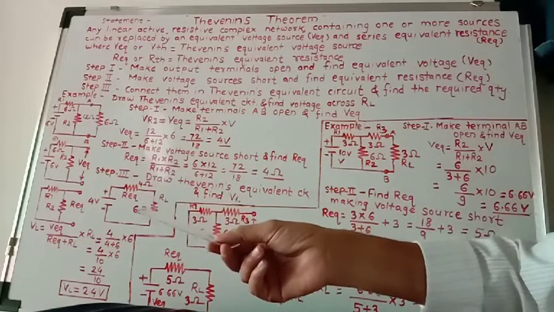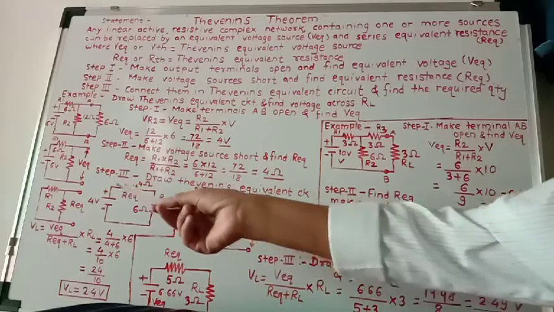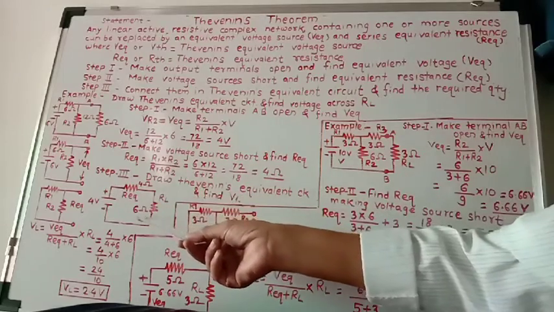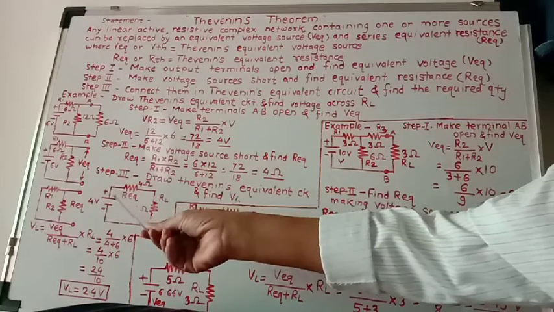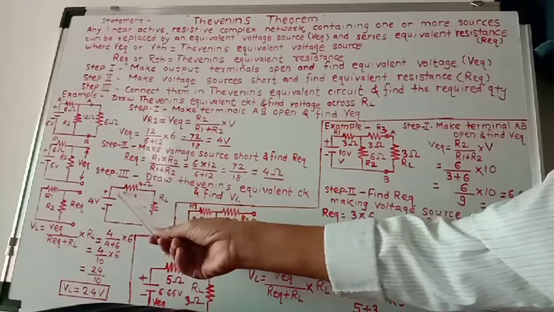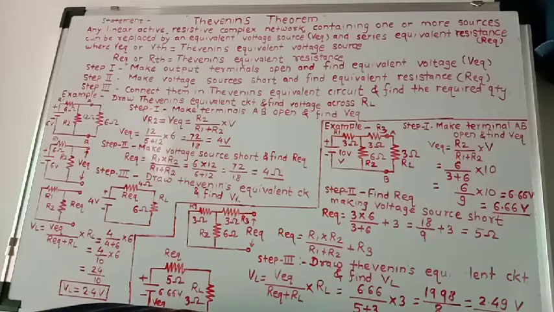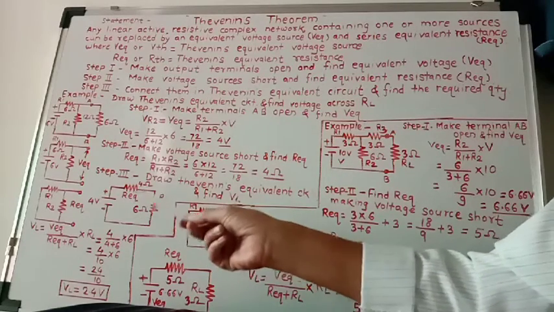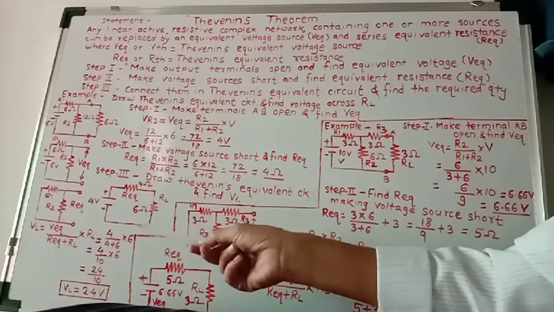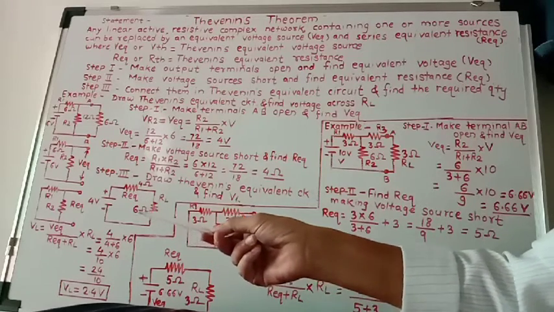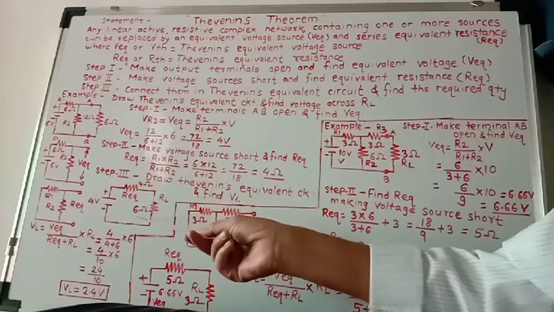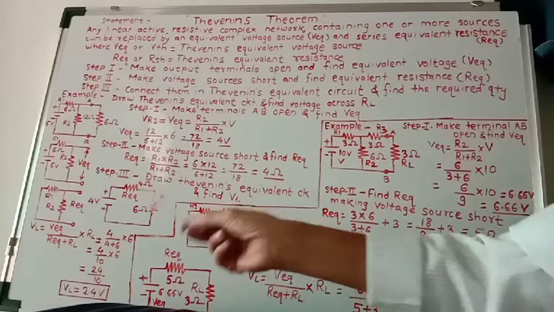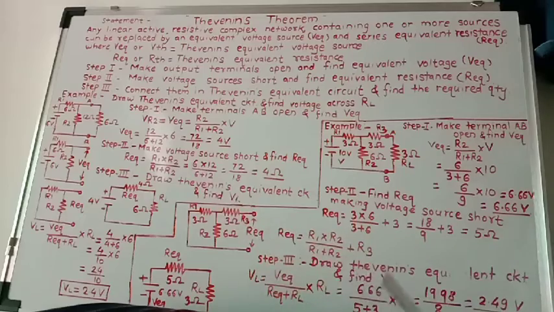So I is equal to V upon R, where R means total resistance R equivalent plus RL, and V means 4 volt. So IL is equal to V equivalent divided by R equivalent plus RL. Then IL into RL is equal to VL, because V is equal to I into R. Here I means IL and R means RL. So IL into RL, but what is IL?